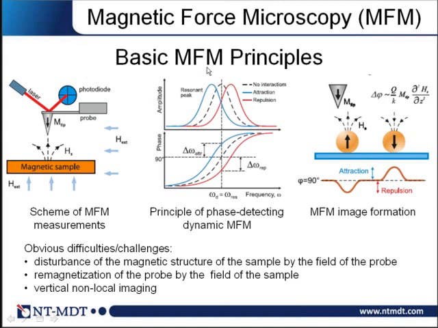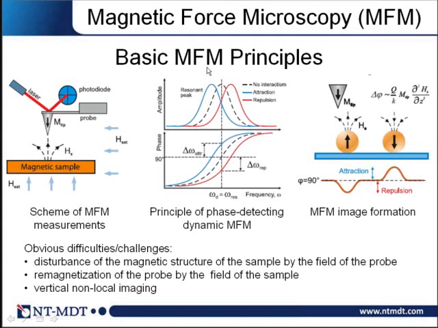strong magnetic field, you should use probes which have a rather strong coercivity, for something like cobalt chrome probes or cobalt platinum coating.